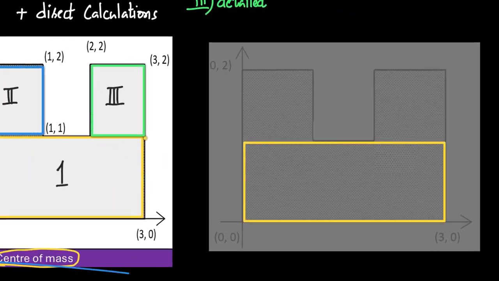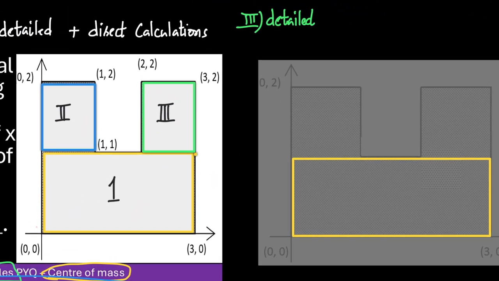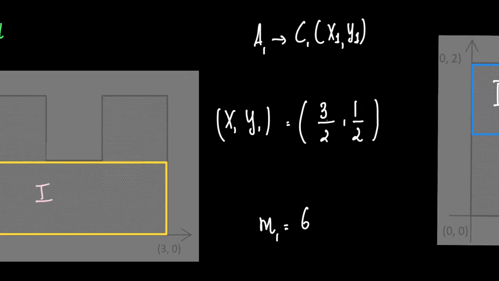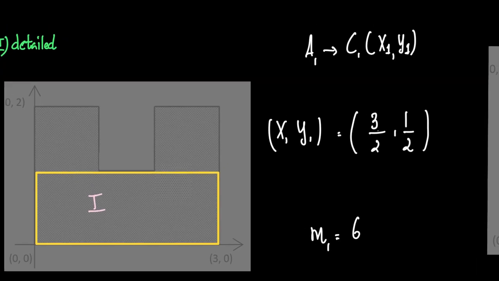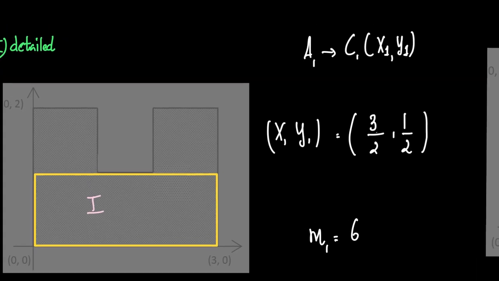mass. So what I've done is I've divided this complete figure into 3 different areas: area 1, area 2, and area 3. First, we'll consider the calculation for area 1. Now, for area 1, the coordinate of center of mass is C1, which is x1, y1.